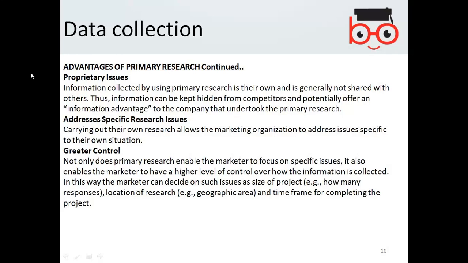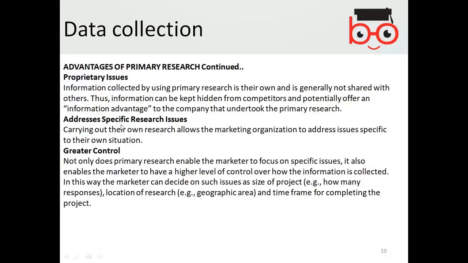So, the proprietary issues, the ownership issues, are also resolved. Whoever has conducted the research are the owners of the research, owners of the data. That is an advantage. No one can claim that it is their data.